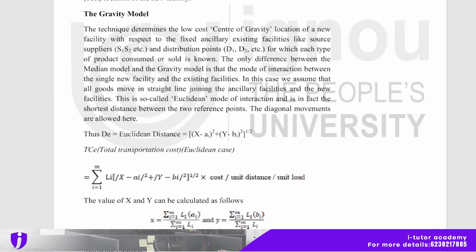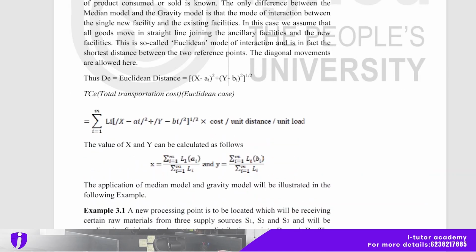The only difference between the median model and the gravity model is the mode of interaction between the single new facility and the existing facilities. In this case, we assume that all goods move in a straight line joining the ancillary facilities and the new facility. This is the so-called Euclidean mode of interaction and is in fact the shortest distance between the two reference points, and diagonal movement is allowed here.